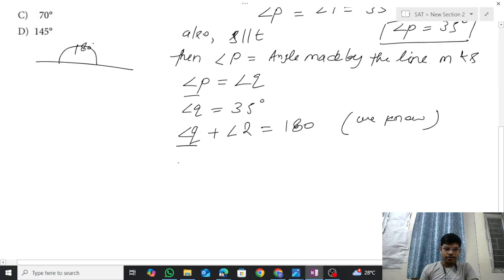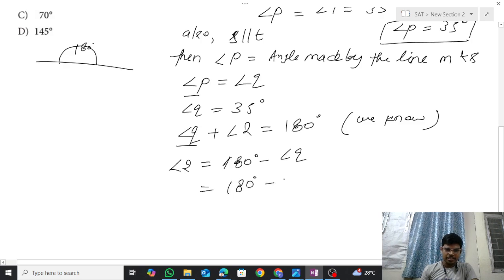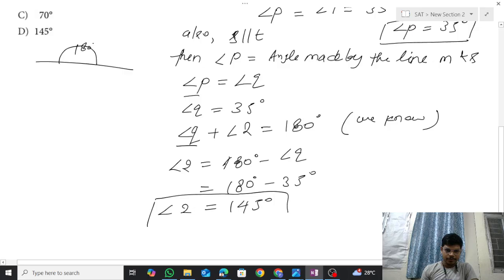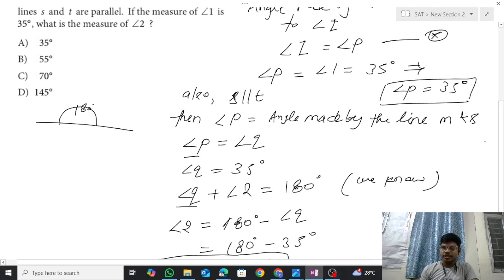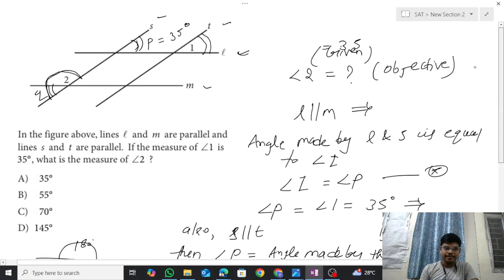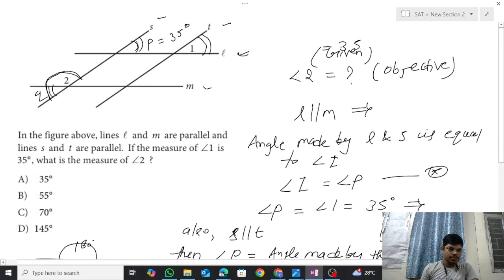Because we have angle Q, I can find angle 2 is equal to 180 degrees minus angle Q. So 180 degrees minus 35 degrees, angle 2 is equal to 145 degrees. So this is the question and that is the answer. We are just using the properties of parallel lines. So option D is correct.